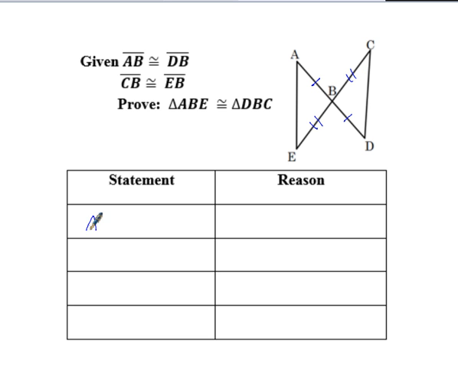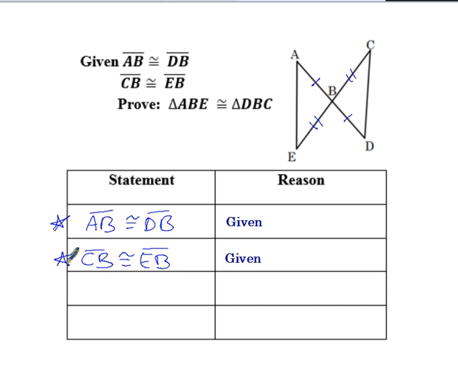And so now let's start our proof here. AB congruent to DB. That's given to me, and hey, that's one congruency. So put a star. CB congruent to EB. Once again, that's given to me, and hey, that's a second congruency. So what do I have right now?